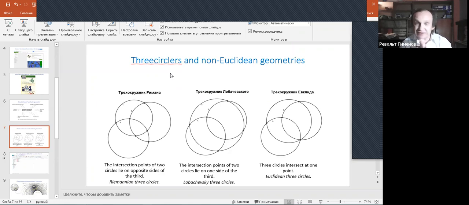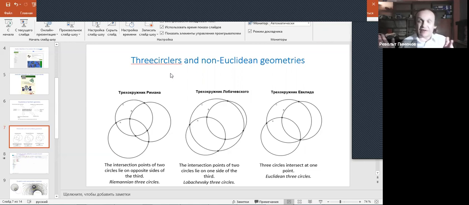We have another case: the points of intersection of two circles lie on one side relative to the third.